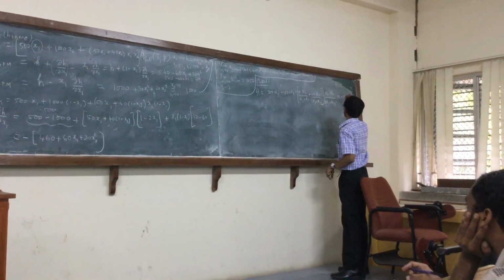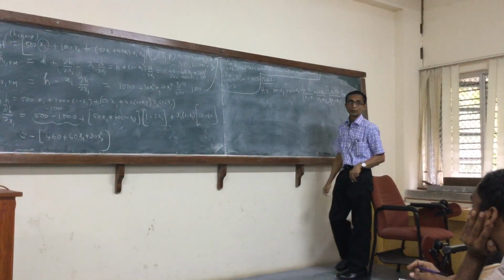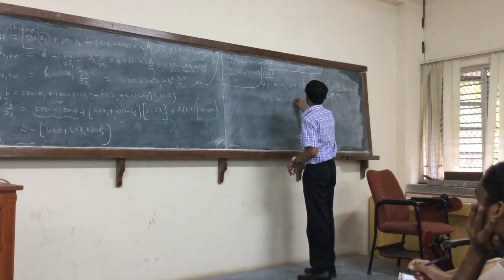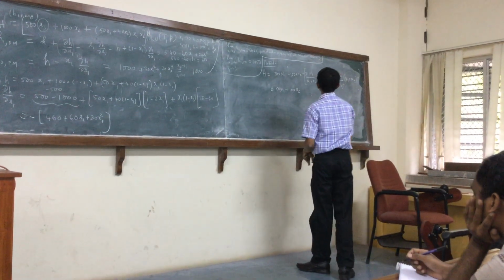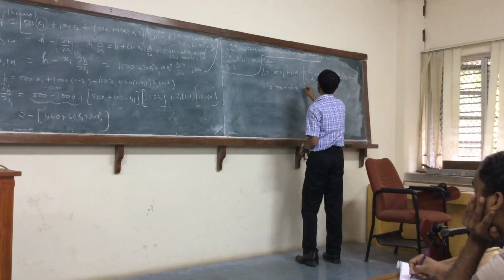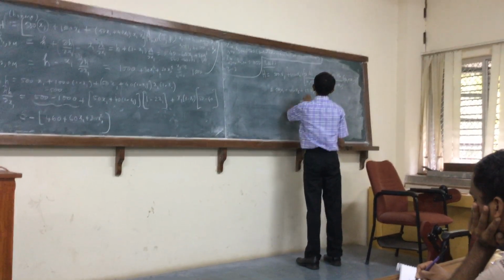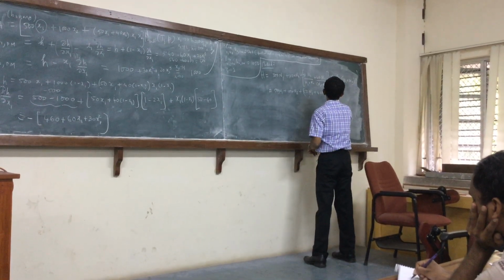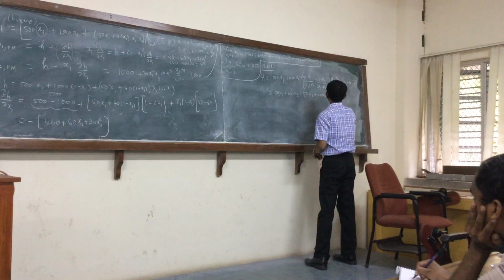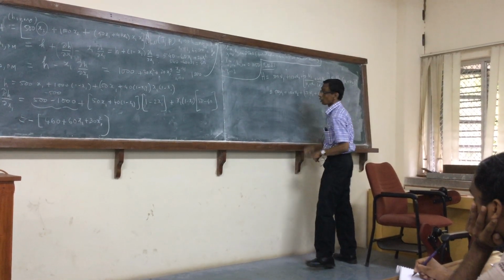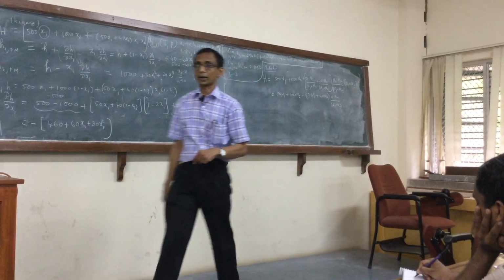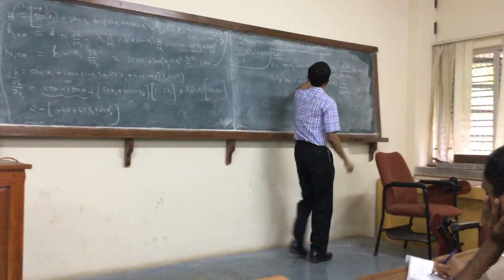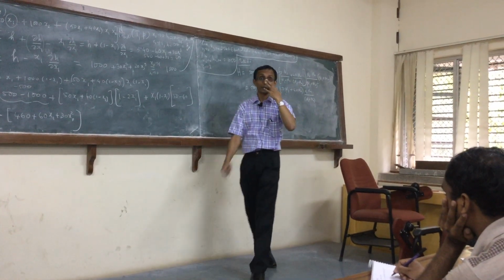Net result would be simply 500 N1 plus 1000 N2, plus 50 N1, that's going to cancel, 40 N2, N1 N2 by N1 plus N2. I hope I've done it correctly, not missed out any.